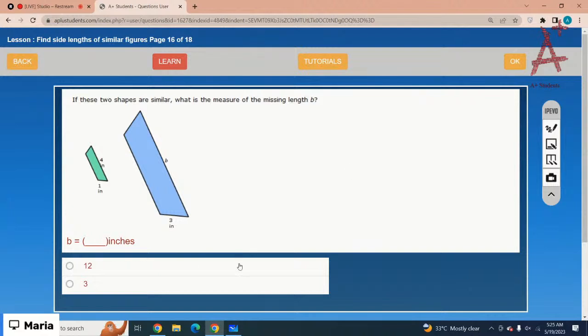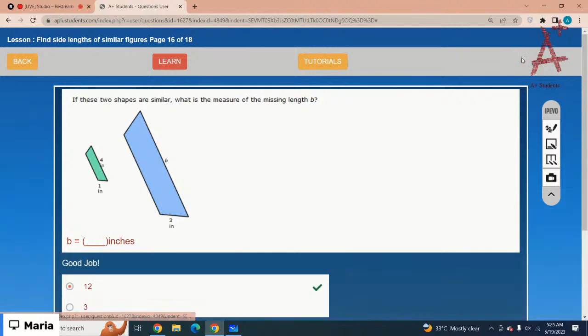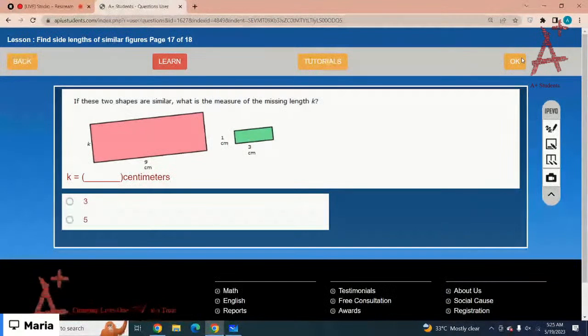Okay, the next one is, if these two shapes are similar, what is the measure of missing side length k? So which is the correct option? It would be k equals 3. Got it?